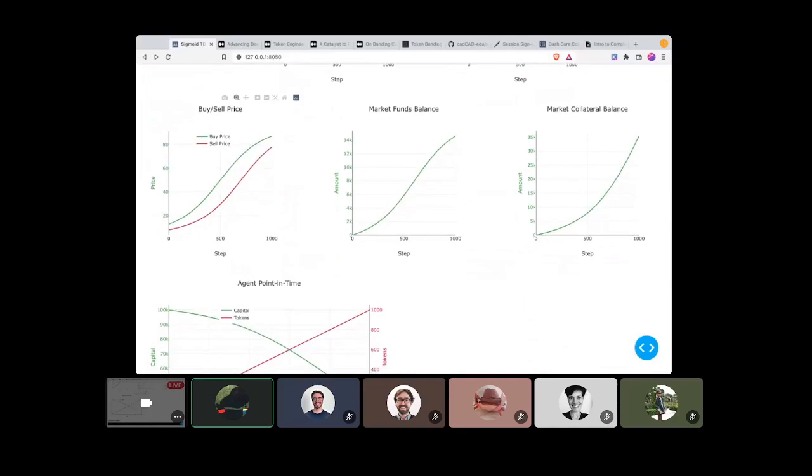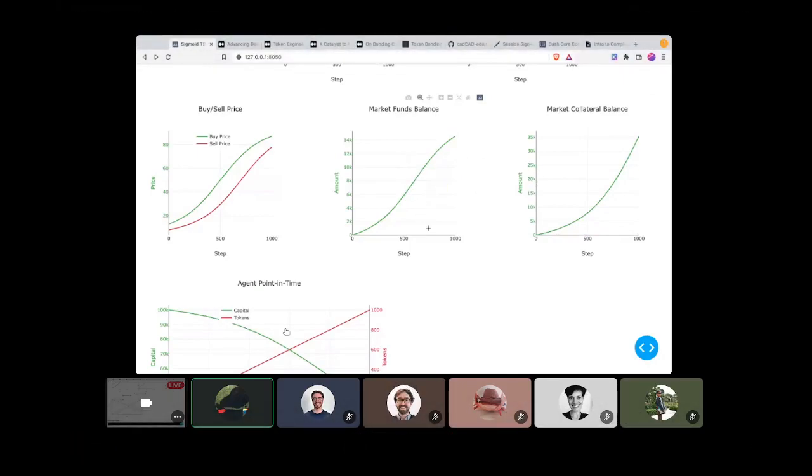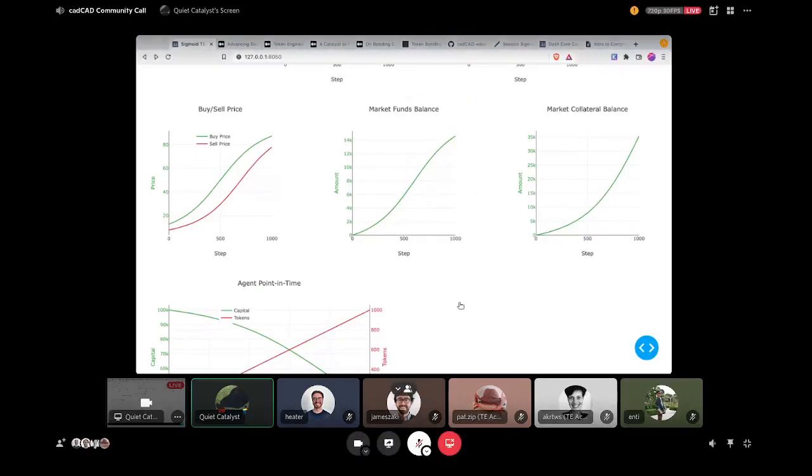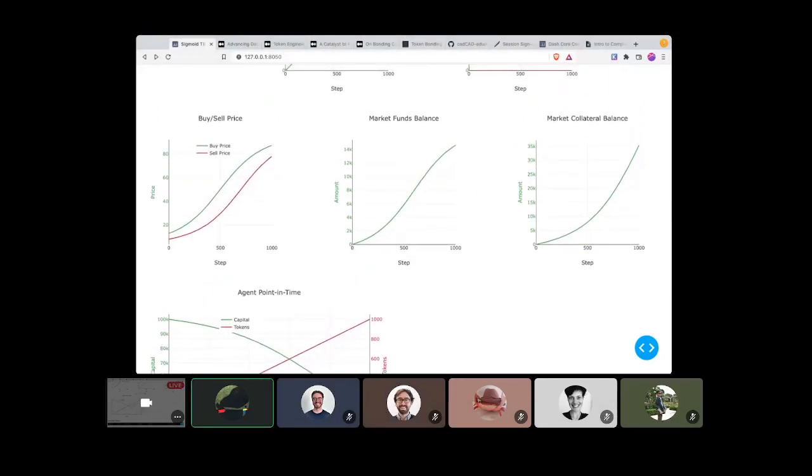So we might have populations of agents who are looking for a certain reward target, or some who are just interested in supporting the project, and thinking about what kind of behavior classes we would like to represent. And then if we have a pool of agents interacting with the market over time, how might that change some of these nice clean curves that we're getting now if we've got buying and selling taking place from a wide group of agents? How does that change the performance of the system?